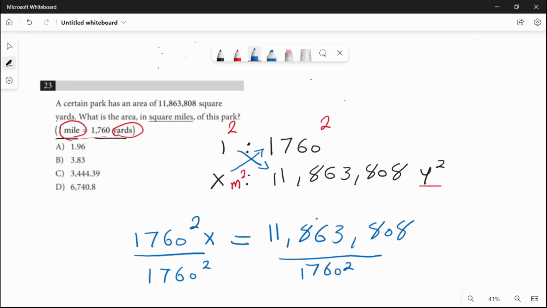So x, let me write it up here, x will equal 11,863,808 divided by 1760 to the power of 2, and that will equal 383 over 100, which is the same as 3.83. So the answer for this question is choice B.